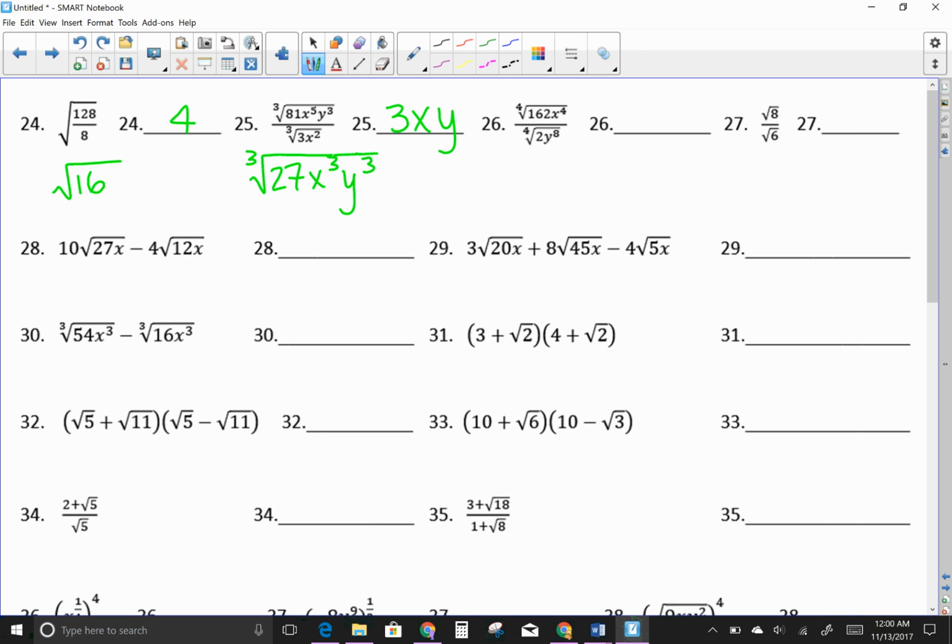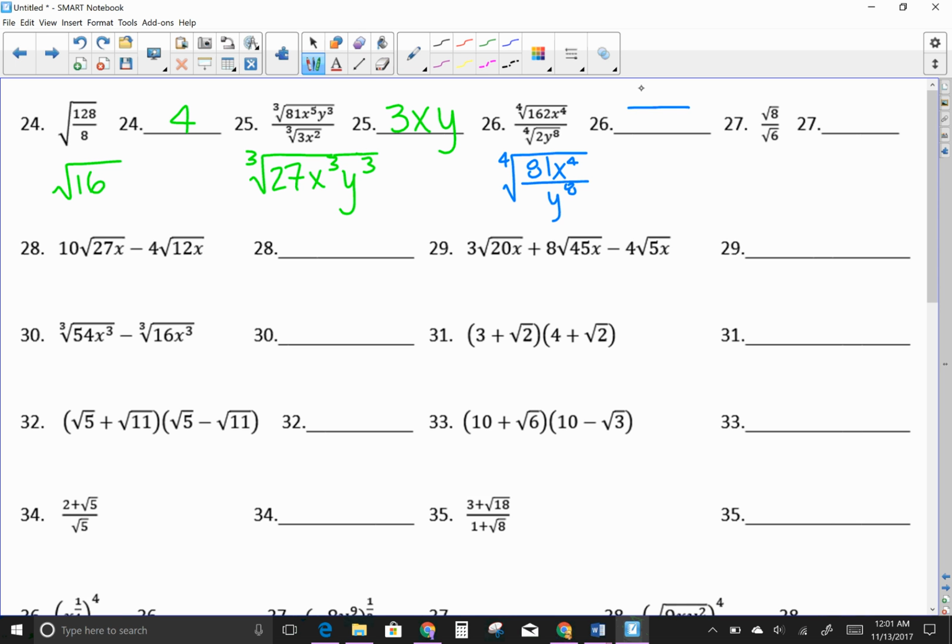All right, how about the fourth root? Okay, this one, 2 goes into 162 81 times. So I'm going to have 81 on top, and I have x to the 4th on top, and y to the 8th on the bottom. Okay, so I'm going to have a fraction here.